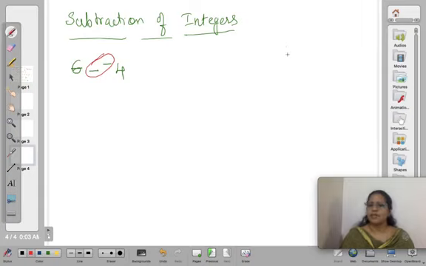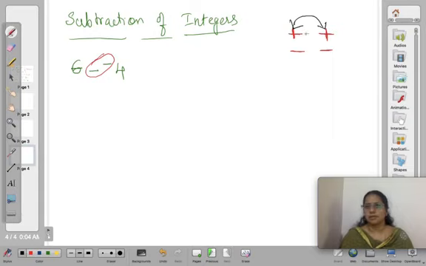For that I'll give a clue. If this negative symbol is you and this one is your friend, and if this positive symbol is you and this one is your friend, you will make friendship with the same character. Then only you will make friendship, otherwise you will not.